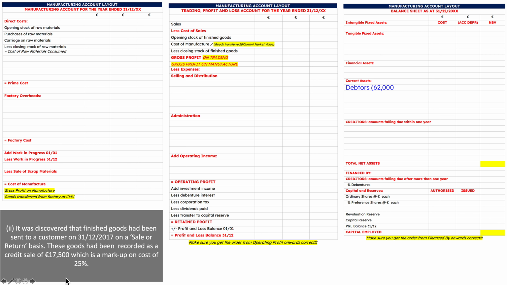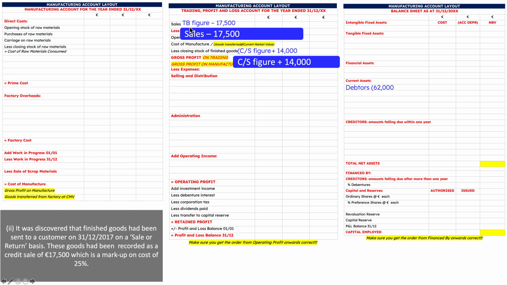So we need to add the cost price of the closing stock back to finished goods, which is €14,000. So how did I get €14,000? 17,500 is 125%. 17,500 divided by 125 multiplied by 100 is €14,000. Then from sales I will minus 17,500, and from debtors I will minus 17,500.